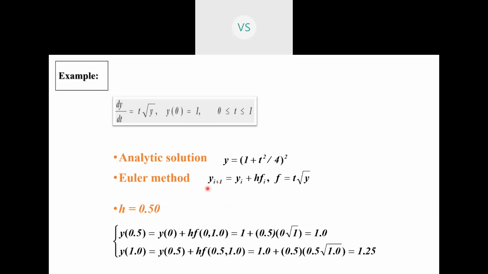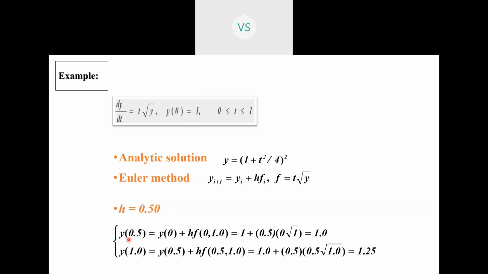What does this equation indicate? If you have to obtain the further value, you write the previous value plus h times the function of the previous values. Now 0 is the initial value, 0.5 is the next value. So we have to find y at t equal to 0.5.